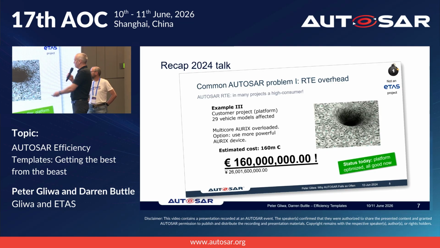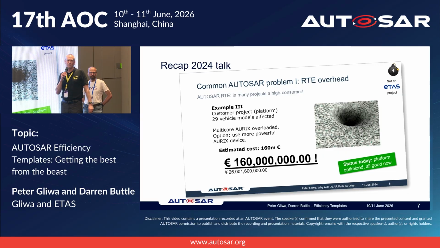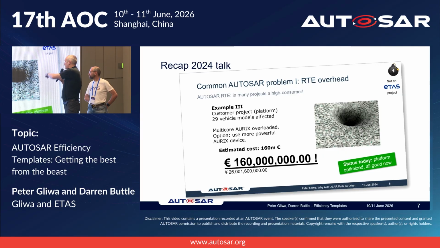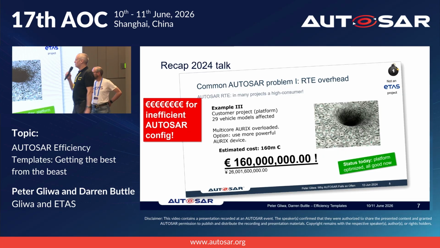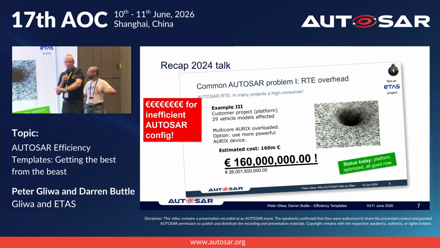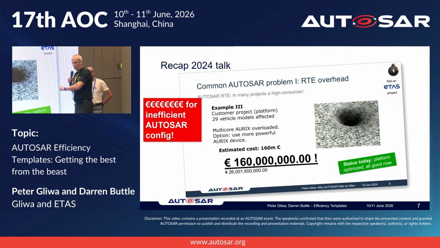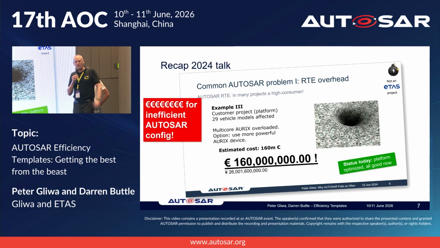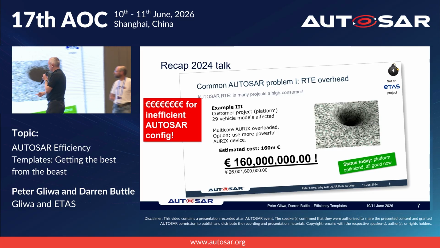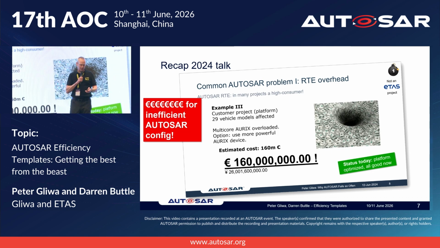They evaluated the cost to be 160 million euros. So that is really draining a lot of money. Thank goodness all of these 3 projects could be optimized. They're in production in the meantime, and everything's fine. So no more problem here. So obviously, I think this is a figure that shows that efficiency really does matter.